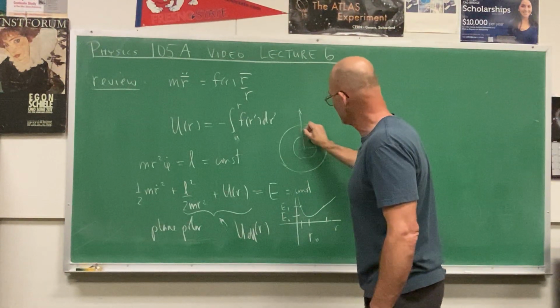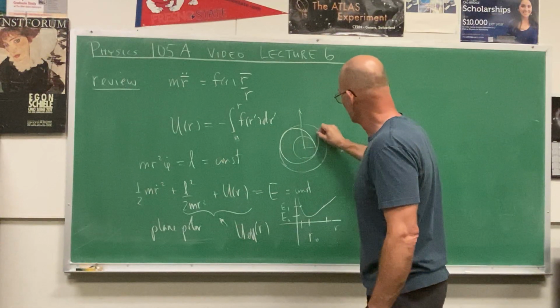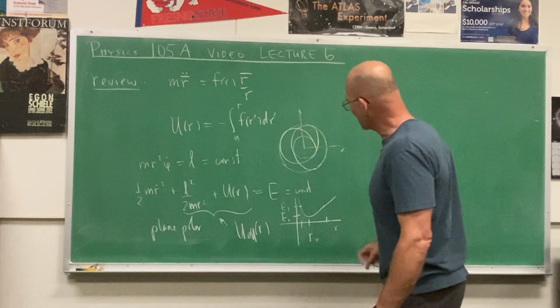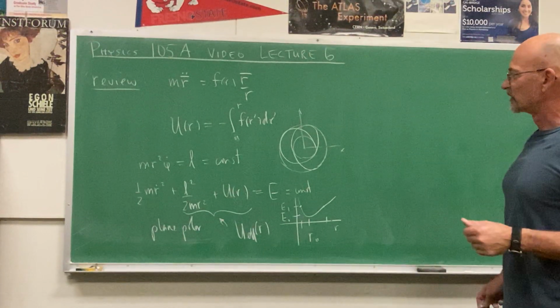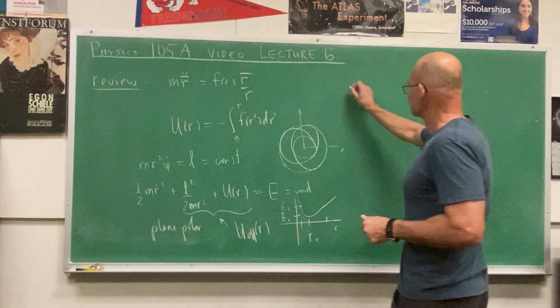So you could have motion doing something like this. And these are fun to draw if you can, but I can't. Okay. Yeah. So that's how far we had gotten.